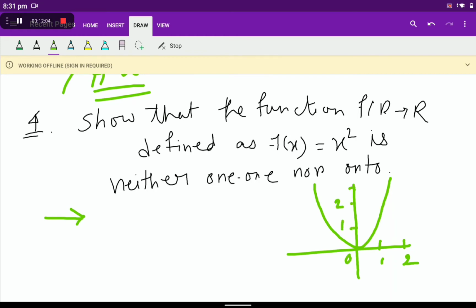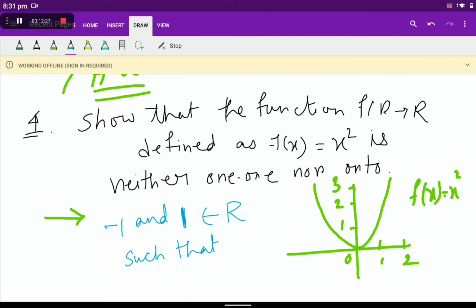Now we observe that minus 1 and plus 1 belong to the set of real numbers, R, such that f of minus 1 equals f of plus 1, right? Because minus 1 whole square is 1, and 1 square is also 1. So f of minus 1 equals f of 1.